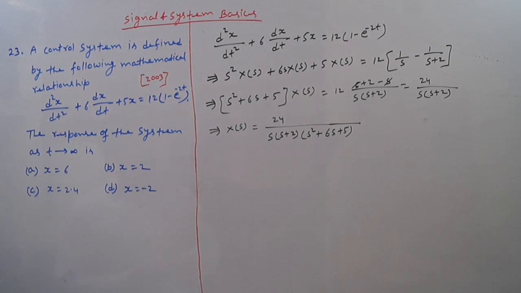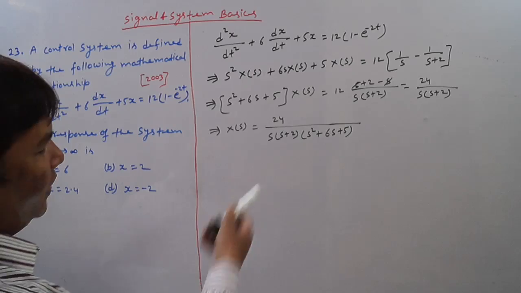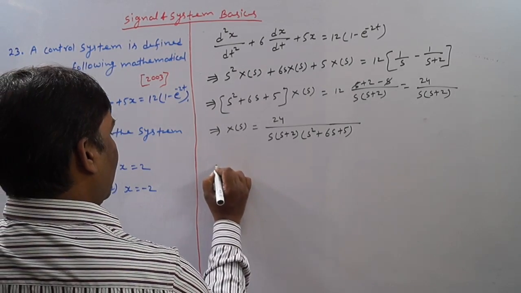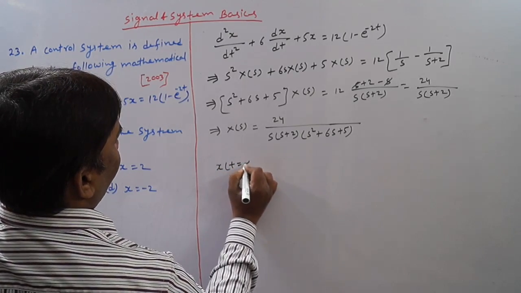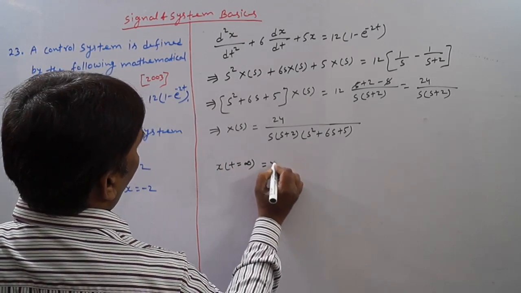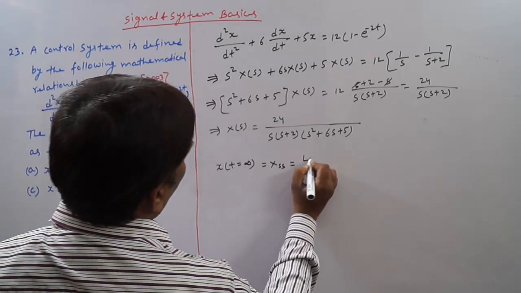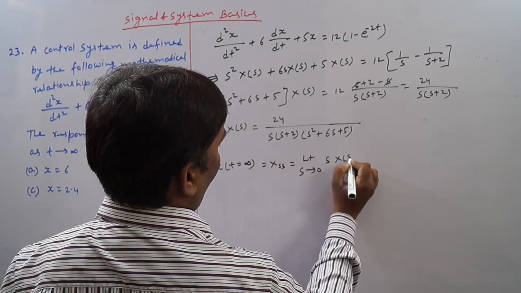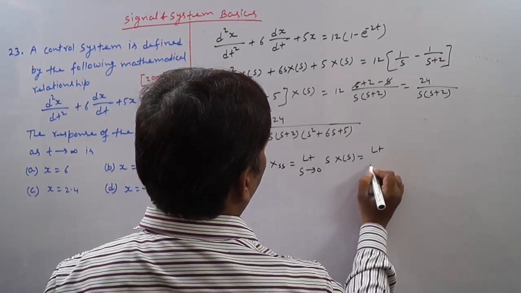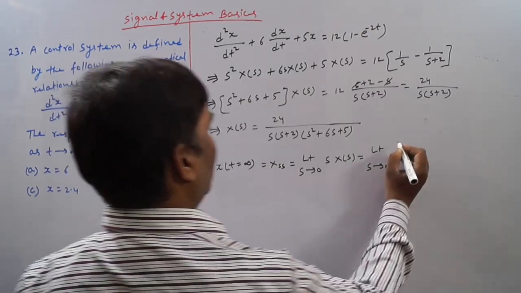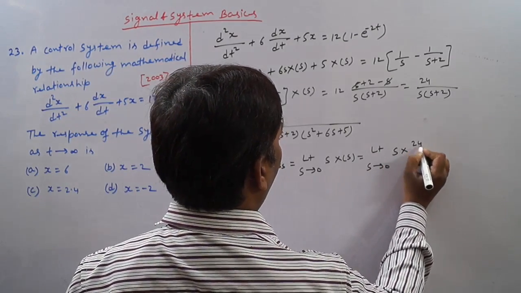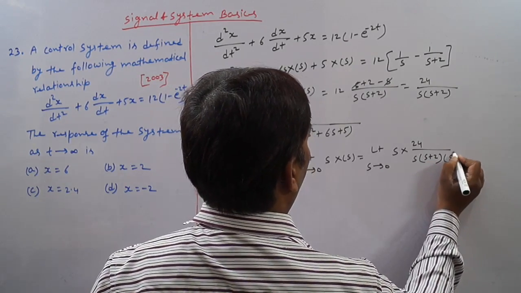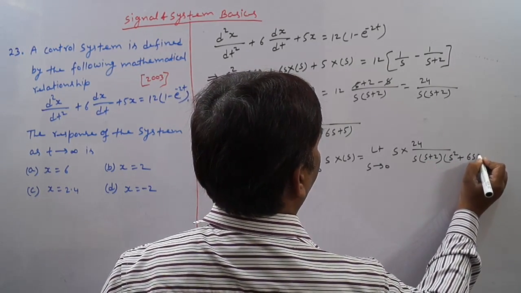Now the question is asking about the steady state value, or you can say the final value. So x(t) at t equal to infinity, that is also called a steady state value, and that will be equal to limit s tends to 0 of s Xs, and that will be limit s tends to 0, s multiplied by 24 by s into s plus 2 into s square plus 6s plus 5.